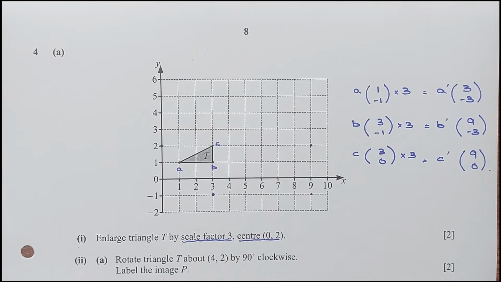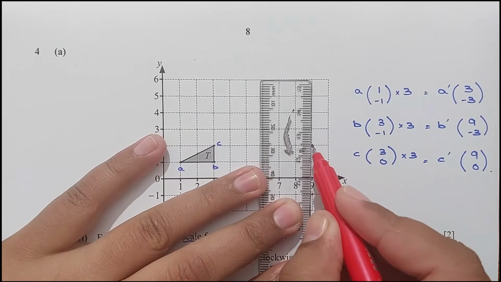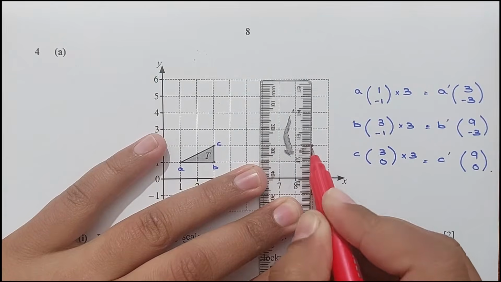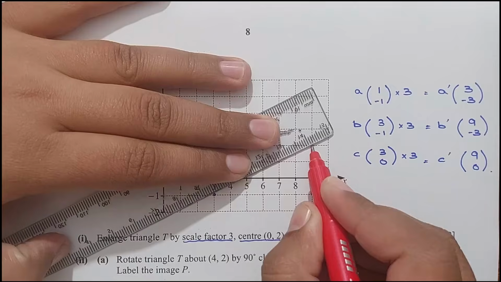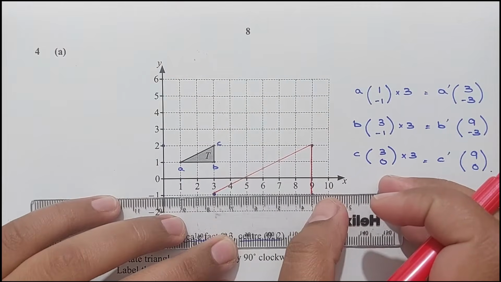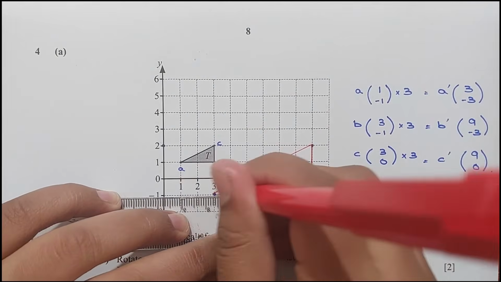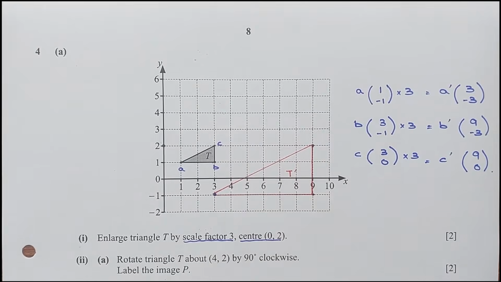So now let me draw the triangle T after the enlargement. This is the enlarged shape. Let me connect all the coordinates. Okay, this is the triangle T prime, we can say.